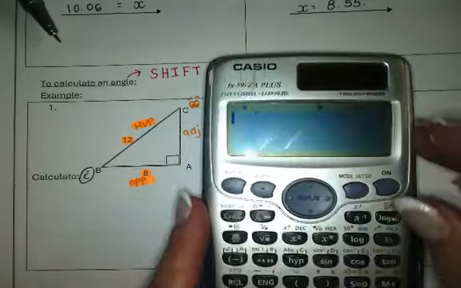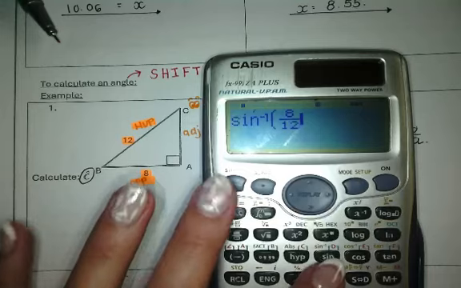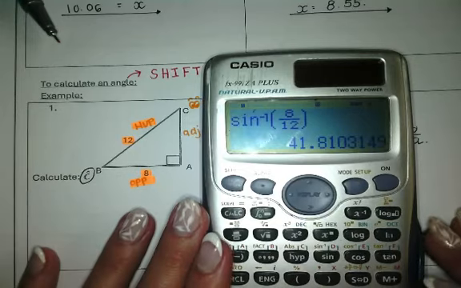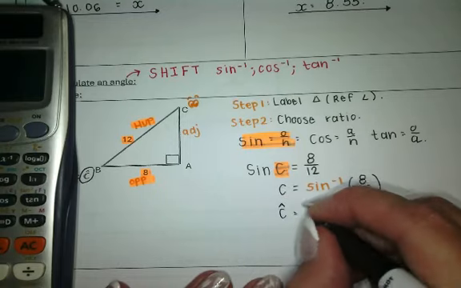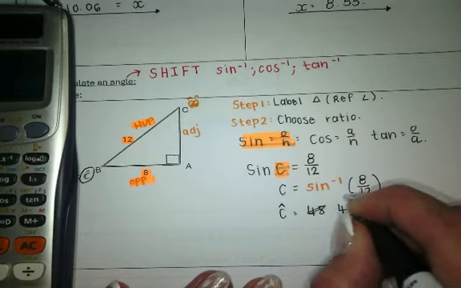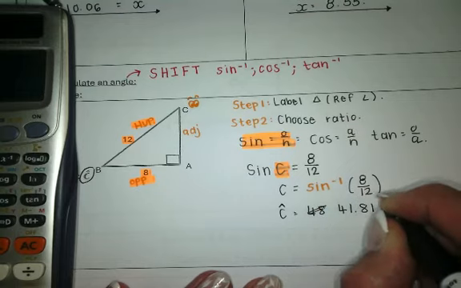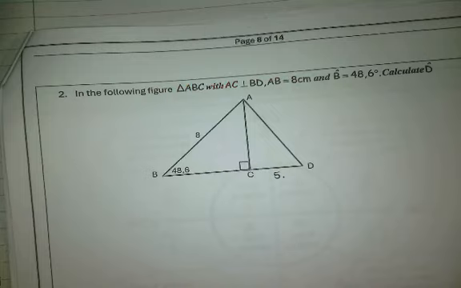Are you with me? So we're going to shift sin 8 over 12, and your final answer is 41.81. So our angle C is going to be 41.81 degrees.